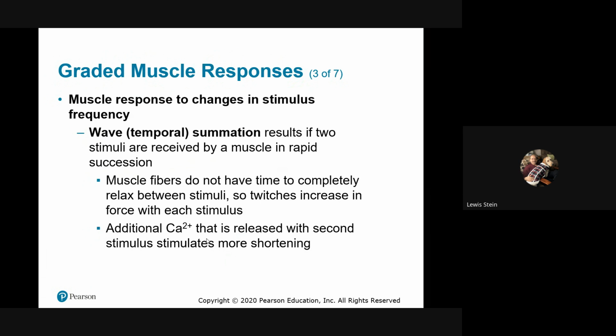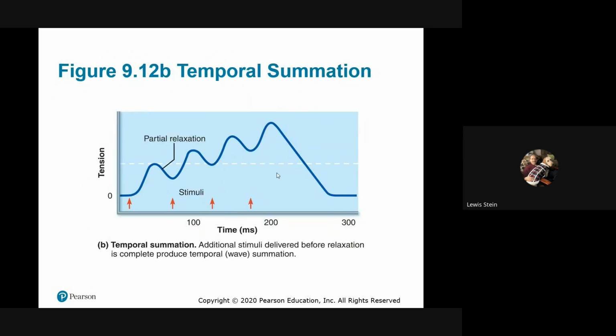As long as there's calcium in there, they keep pulling. So look what happens. We have a name for this. If you draw a horizontal line here, it looks like a staircase. We call this staircasing. So rather than one every tenth of a second, we're putting in effectively 20 a second, and you see this is summating over time.